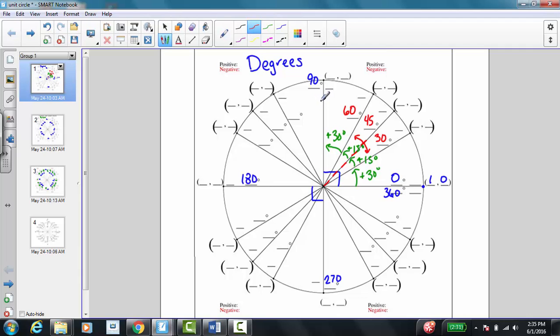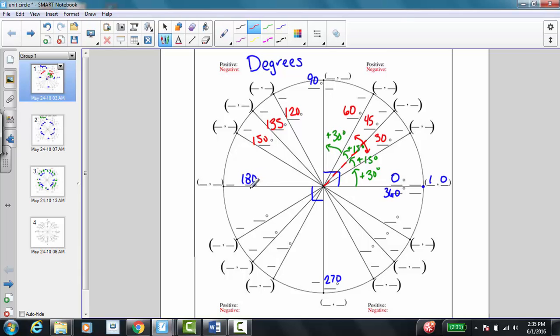So if I'm at 90 degrees, I need to add 30 degrees, and that gets me to 120 degrees. Then I add 15 degrees, and that gets me to 135 degrees. Again, adding 15 degrees, I get 150 degrees. From 150, I should add 30 degrees, which indeed does get me to 180 degrees.